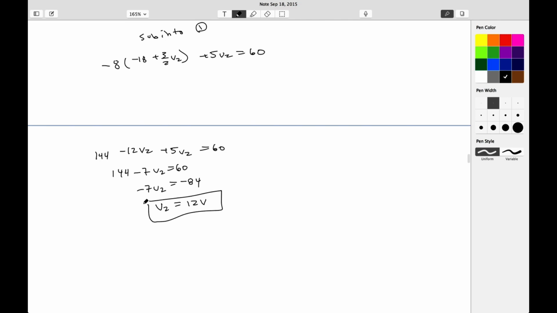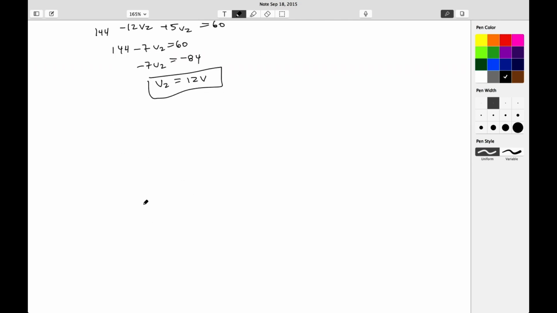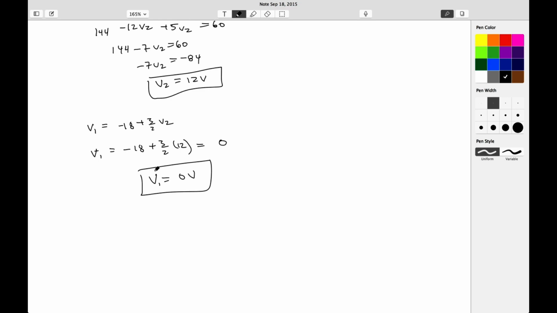Next thing I want to do is plug that back into my V1 expression. V1 is equal to minus 18 plus 3 halves times 12, which is equal to 0. So V1 is equal to 0 volts. And so that's how you solve that nodal analysis problem.